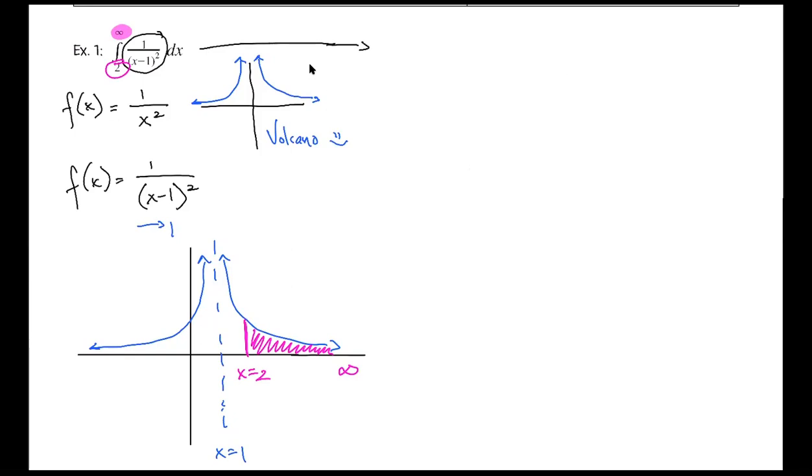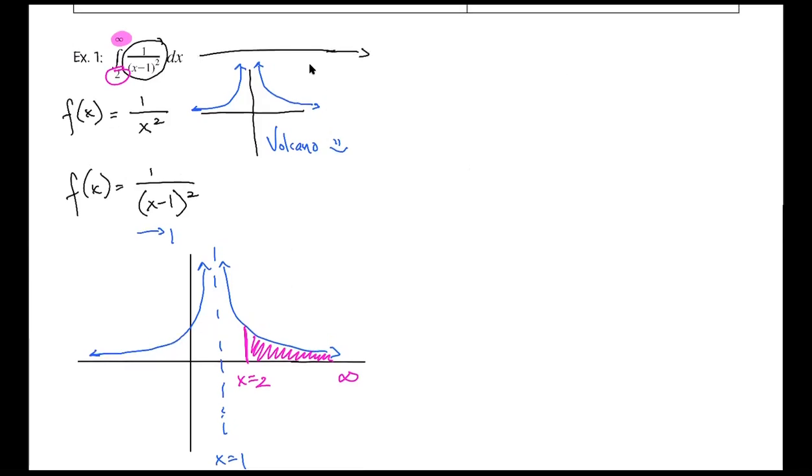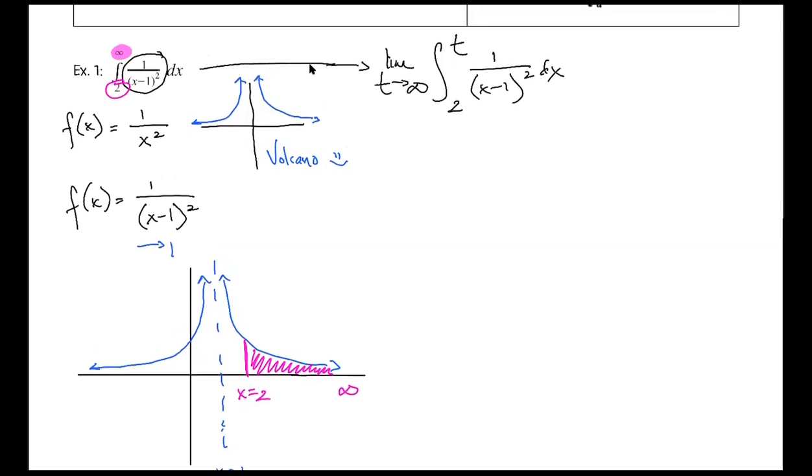All right, so let's find out. We're going to rewrite our integral, but in front of it we're going to have the limit as t approaches infinity, because we're going to keep the 2 but change the infinity to a t. Then we have 1 over (x minus 1) squared dx. Now, in order to take this integral, I'm going to need u-substitution.